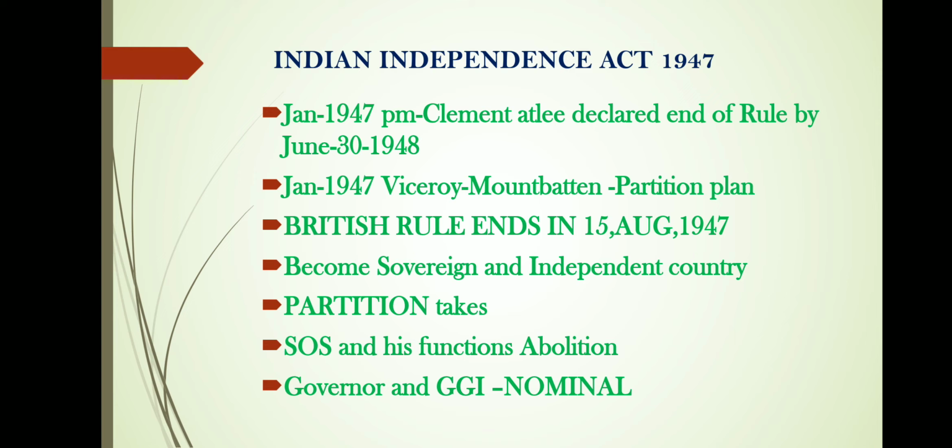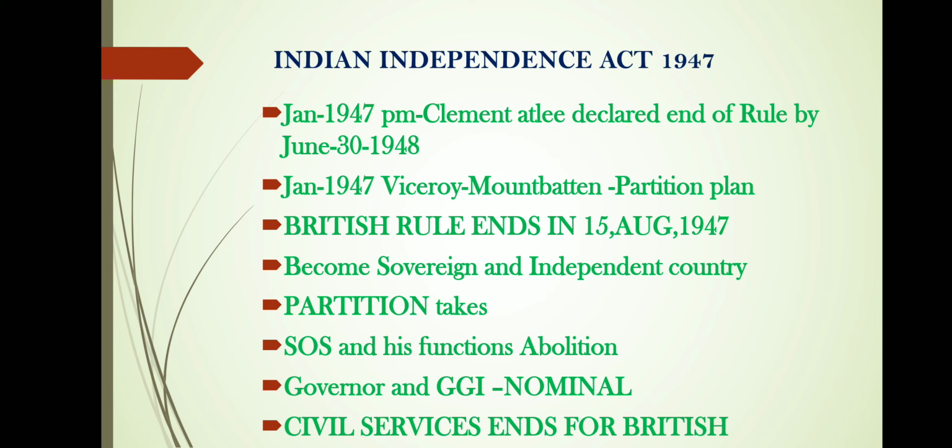Civil services ended for the Britishers after August 15, 1947. Those who became civil servants before August 15, 1947 continued as they were. After that, there was no civil service for the Britishers. So here the act is over.